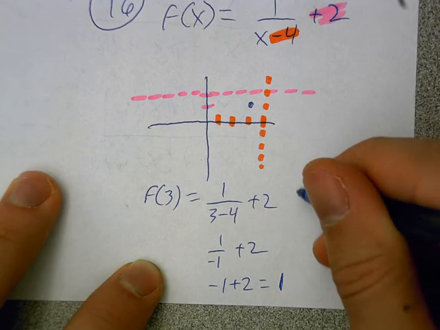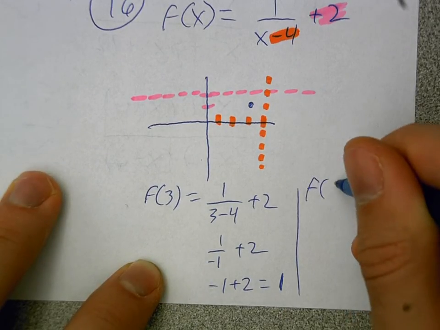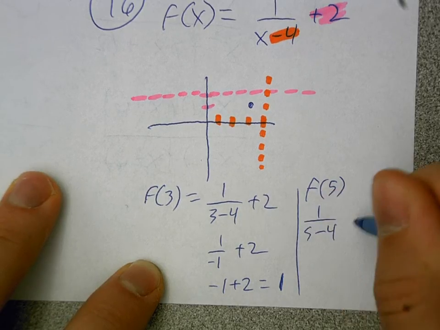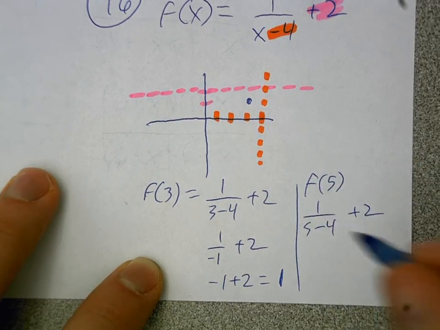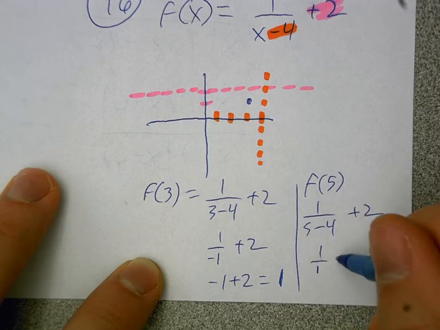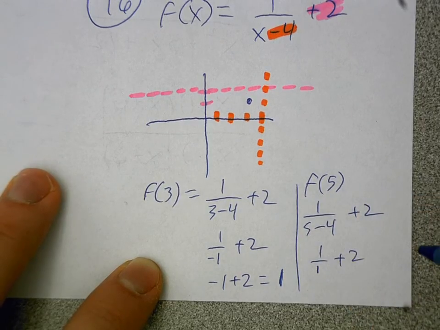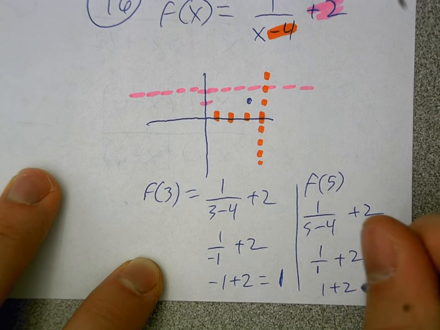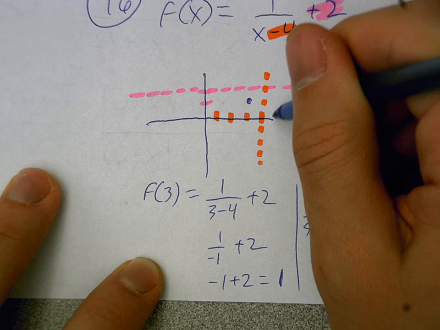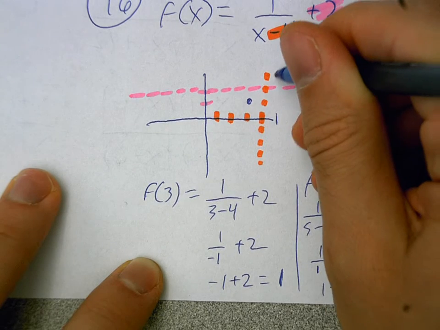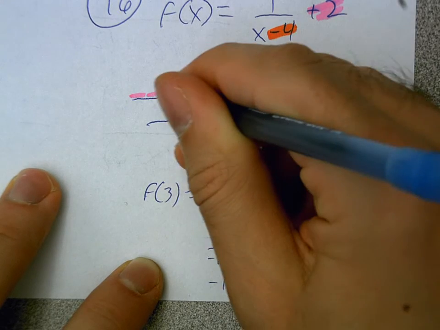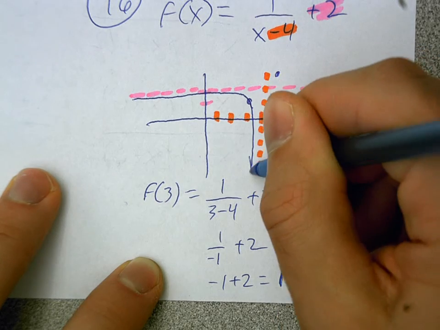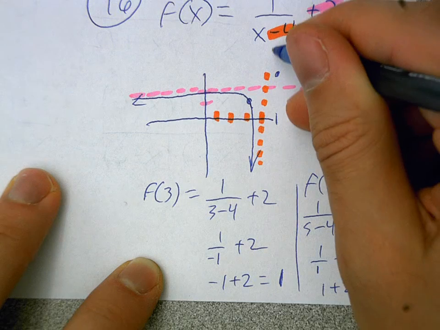And then if I do f of 5, 1 over 5 minus 4, plus 2, 1 over 1 plus 2, that's 3, right here. When I make this graph, I go right along the pink line, through that blue dot, down by the orange line. Same thing right here.